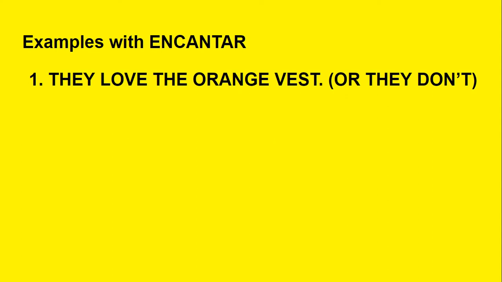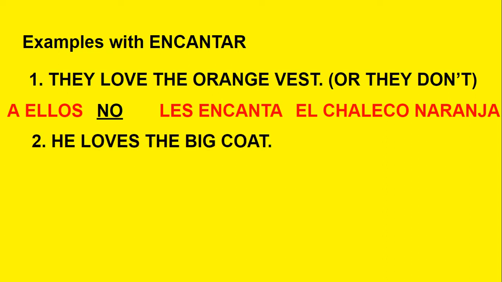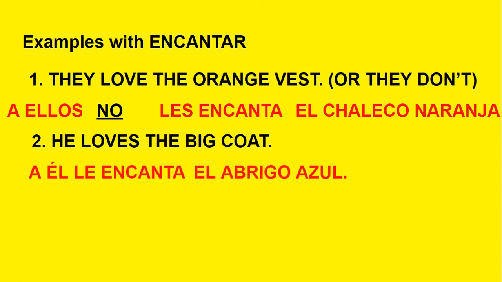Okay, so they love the orange vest. And then I'll give the example if they don't. A ellos les encanta el chaleco naranja. Or I could say, a ellos no les encanta el chaleco naranja. He loves the big coat. A él le encanta el abrigo azul.